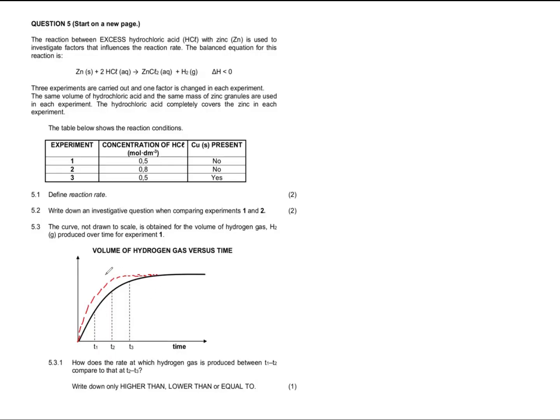So this is B and this is A. Since there's a catalyst involved, the rate of reaction would be higher, and we indicate that by a steeper gradient. So B is a bit steeper and A is a little bit smoother. That's all you indicate, and that's 2 marks. All right, moving on to the next one.